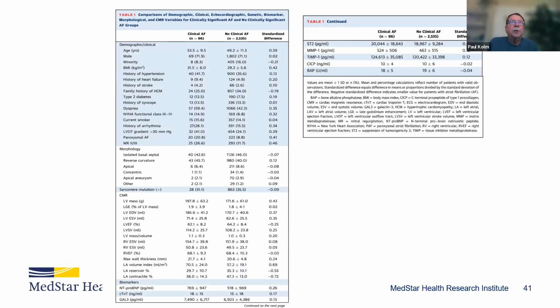In terms of the sample, we have 96 total patients who had an AFib. Some of those had multiple AFibs, and then we had 2,500 and some that did not have AFib. Of all these variables, we're going to see which ones are the most important in predicting AFib.